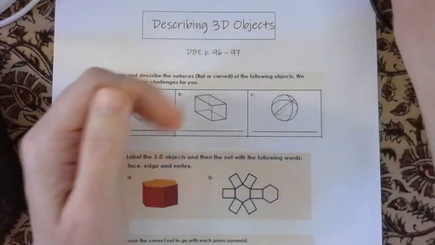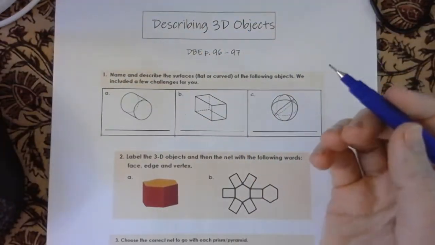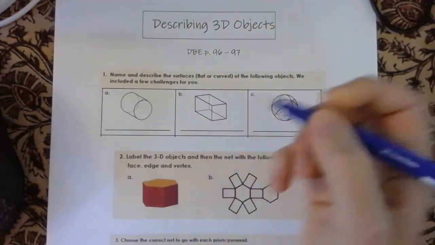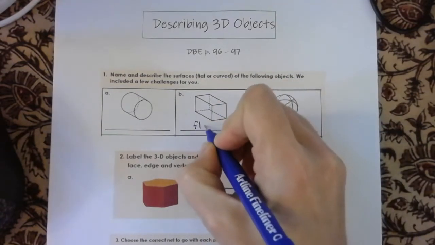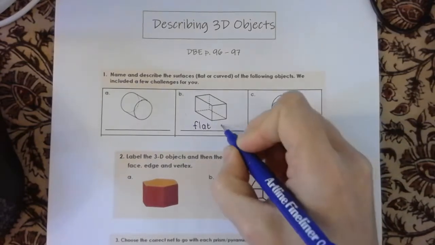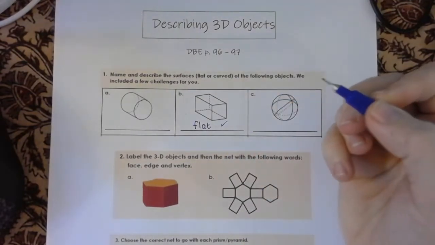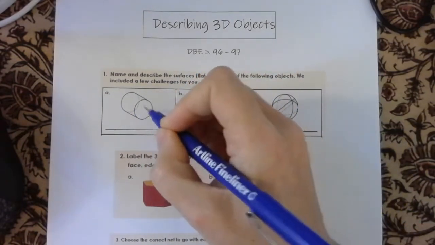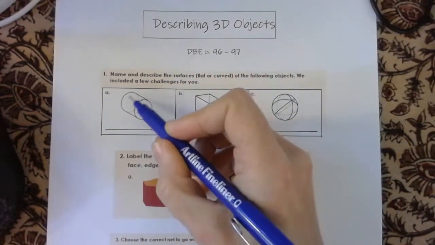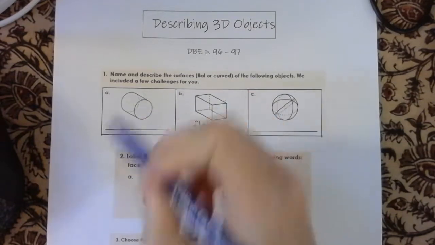If I look at this one here, that rectangular prism, then the word that I will use to describe it, I will say it is flat. So that's what I want you to do there. If I look at the cylinder, I know the two circles on both ends are flat, but the rectangle that's around it, it's curved.